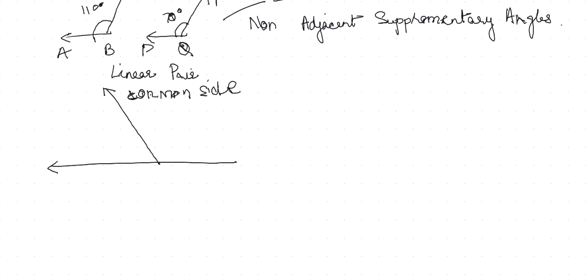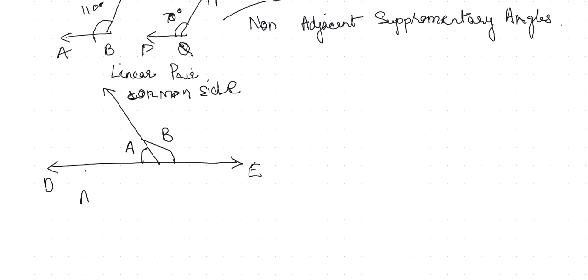Suppose this is angle A and this is angle B. The non-common sides, AD and AE, are opposite pairs.